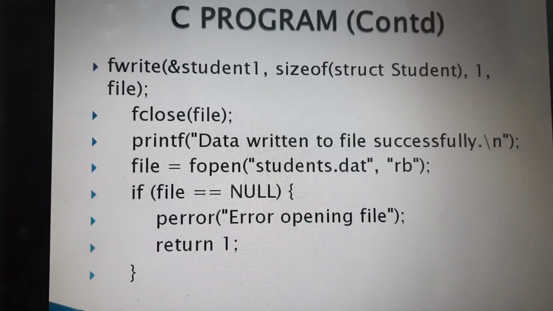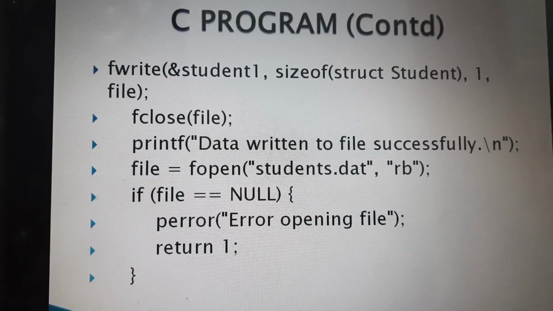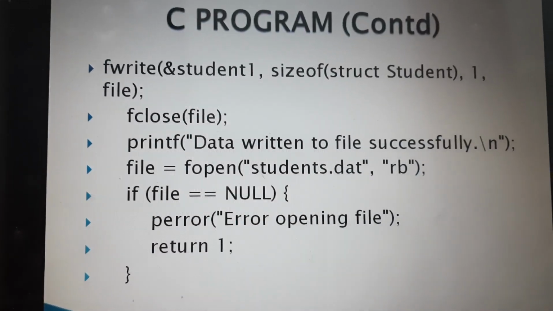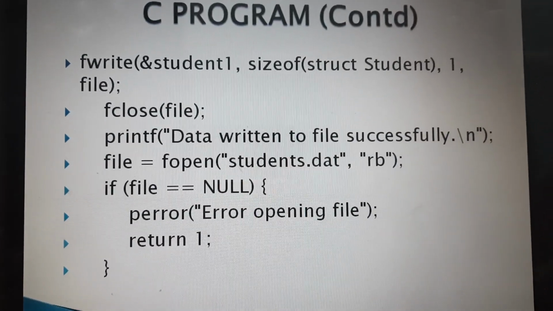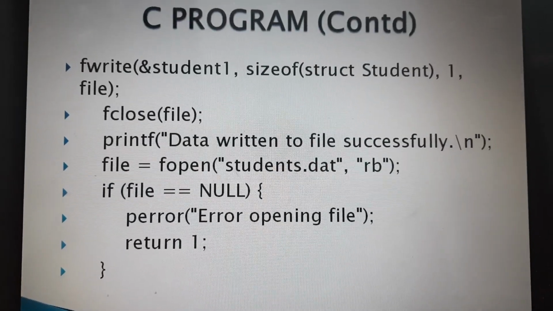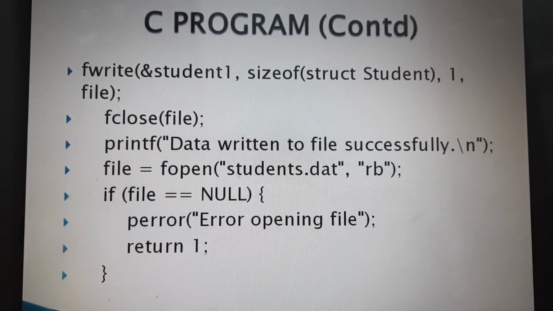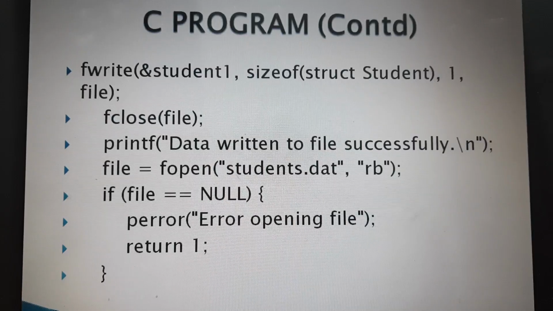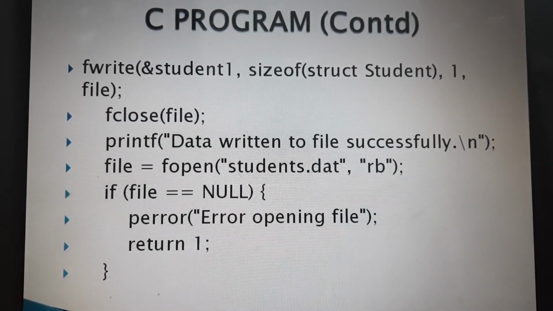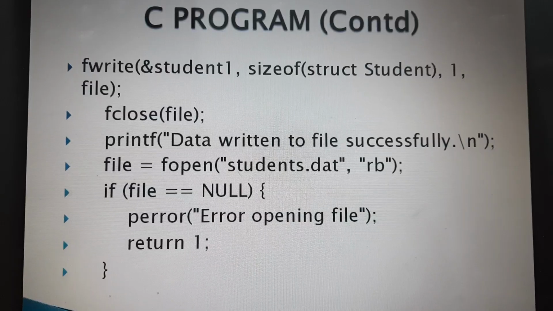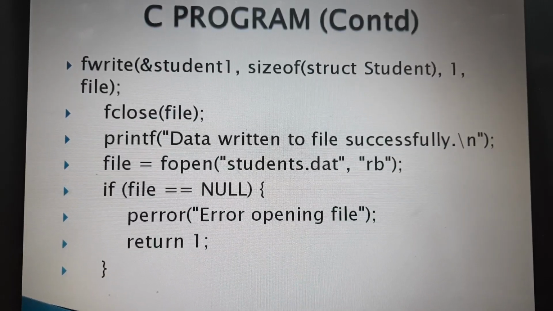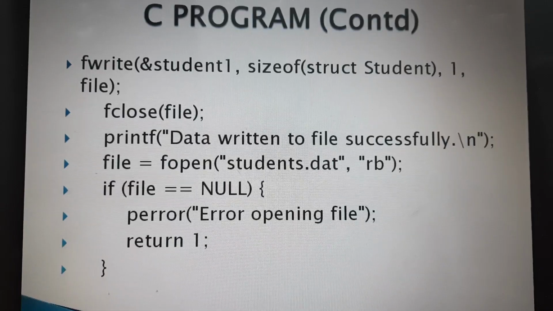Then we are going to write. This ampersand symbol contains the address of student1. This is an object which contains the roll number, name and mark of the student. So this symbol represents the address of the particular object. So it will read the data.